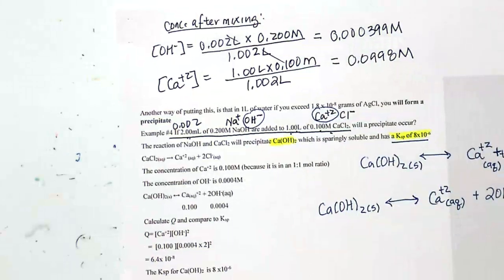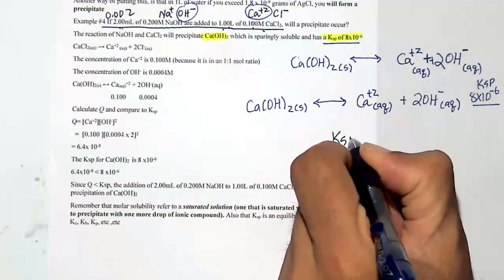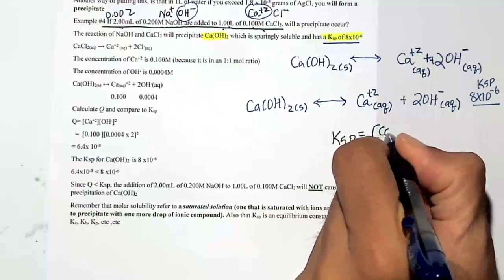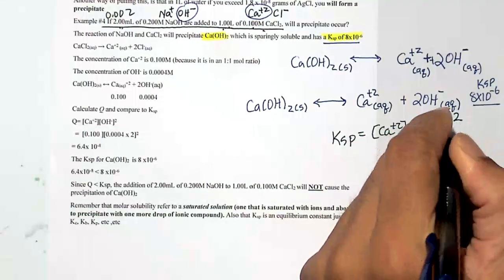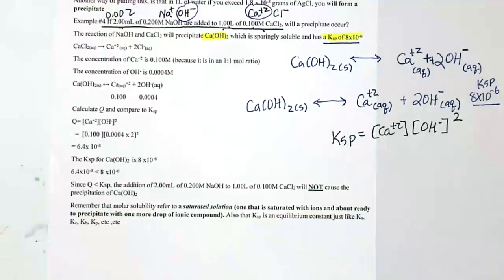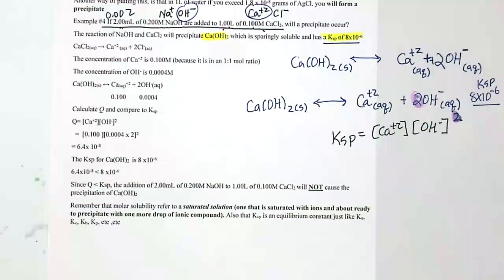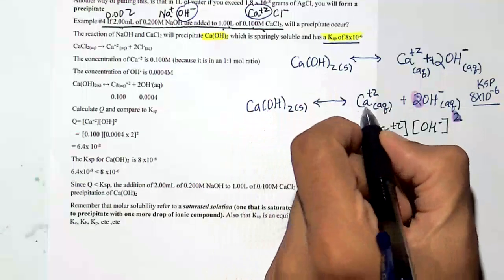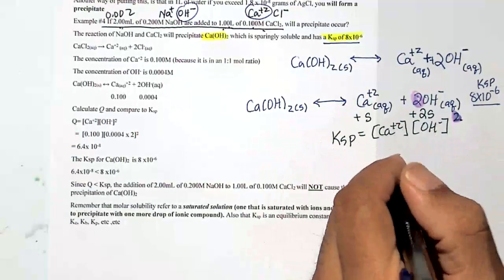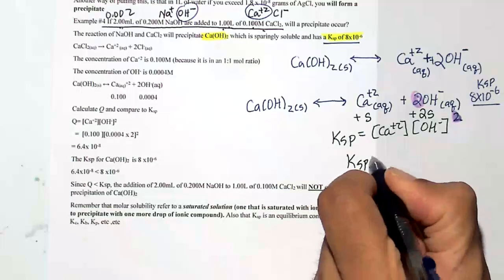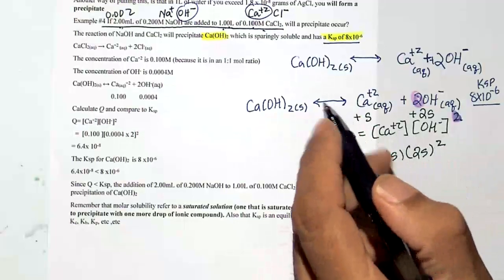So this is what we want to plug in to see if it's enough to make it precipitate. KSP is equal to calcium ion times OH minus squared. Don't forget to square it. The calcium will be plus S, and the hydroxide will be plus 2S, so KSP is going to equal S times 2S squared.